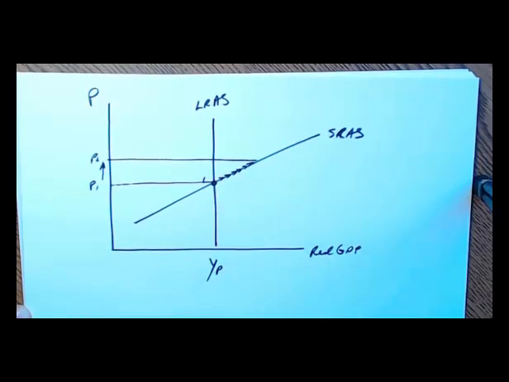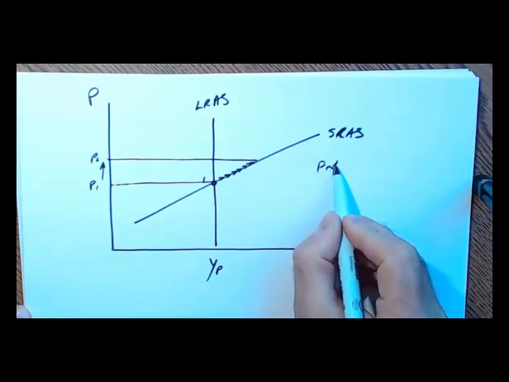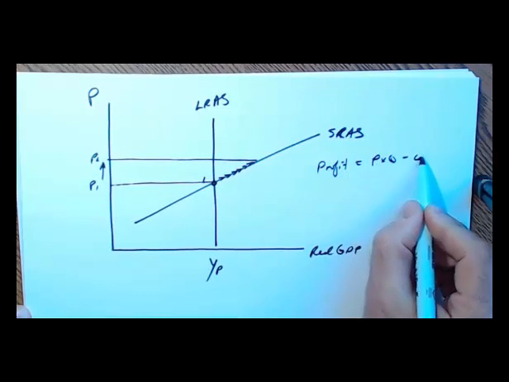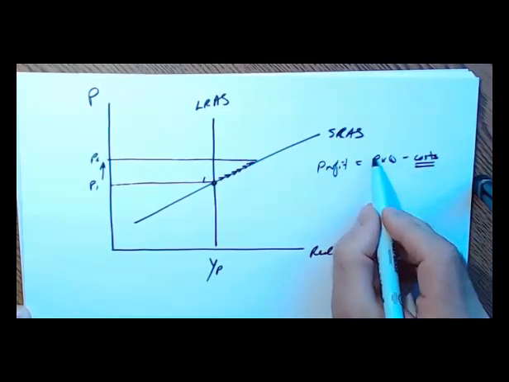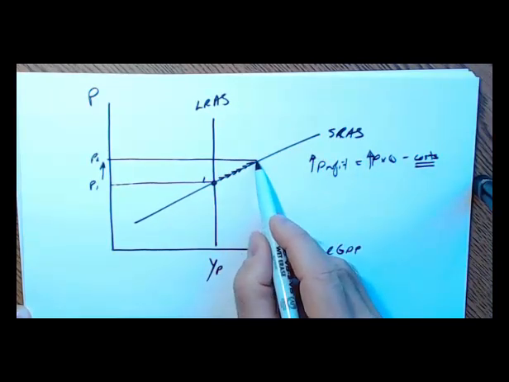Firms overall in the economy are going to produce more goods and services because their profits are going up. Remember, profit is sales minus their costs, and wages are sticky in the short run. So prices are going up, profits are going up. Firms are willing to expand output, so they expand output.